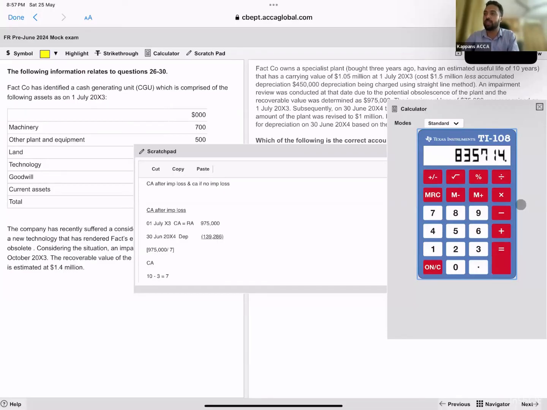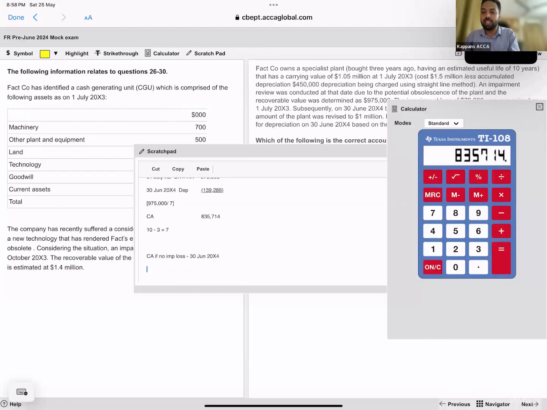That is 835,714. So we have got the carrying amount after impairment loss is 835,714. Reversal of impairment loss is a difference between carrying amount after impairment loss and carrying amount if no impairment loss. So you have to calculate what is the carrying amount if no impairment loss on 30th June 20X4.